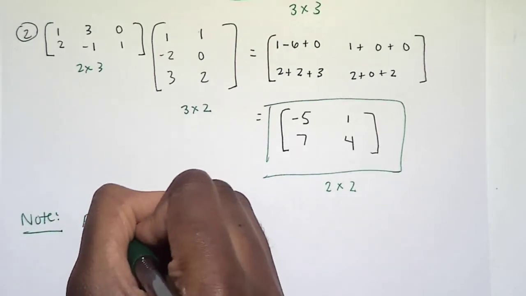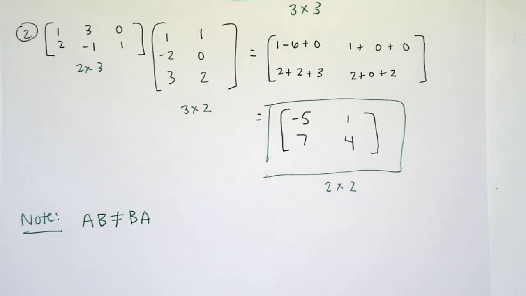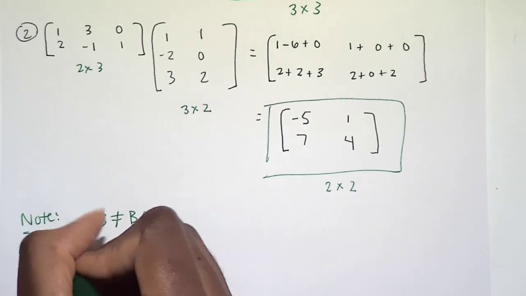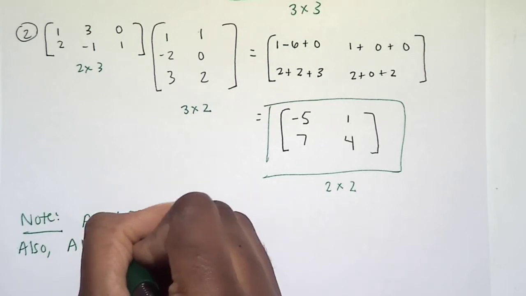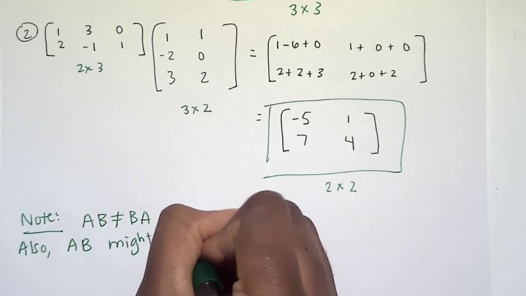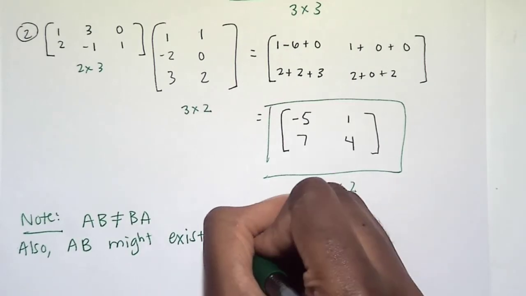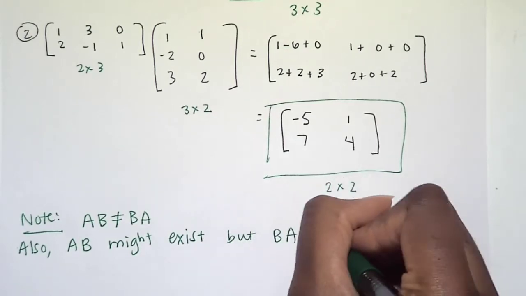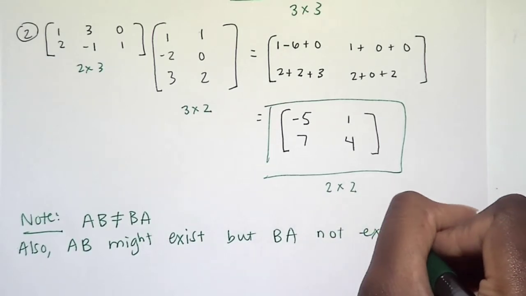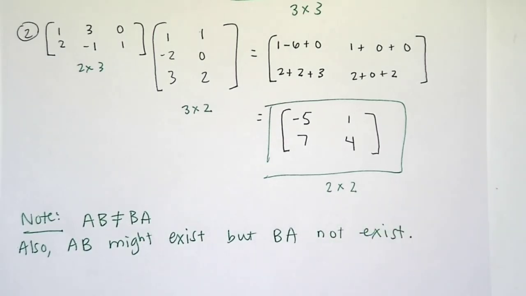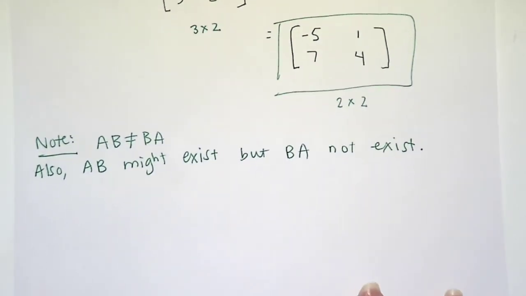A times B does not equal B times A. And then also, AB might exist, but BA not exist. That is also possible. Okay, so remember that.